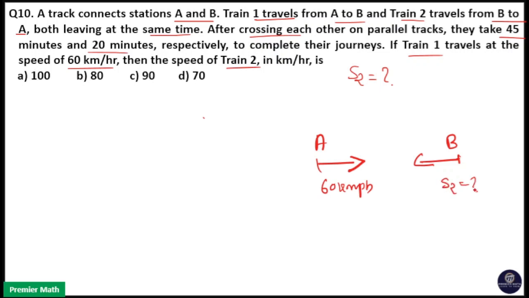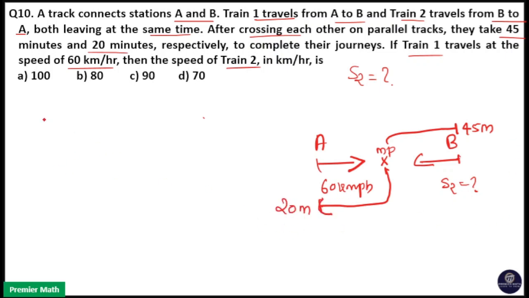They meet each other on their way on parallel tracks, and after the meeting point, the train from A reaches station B after 45 minutes and the train from B reaches station A after 20 minutes.